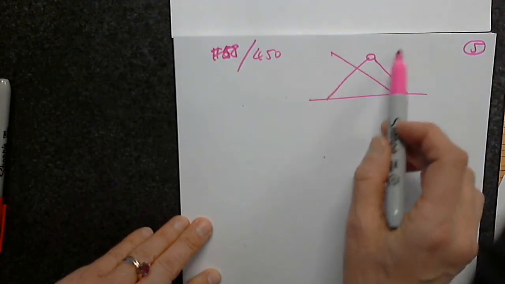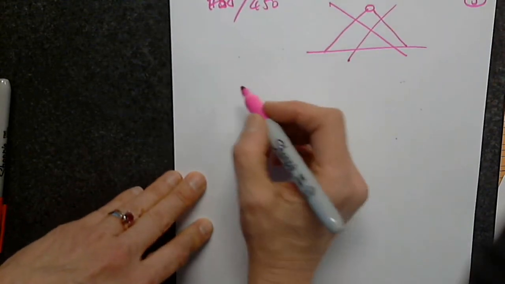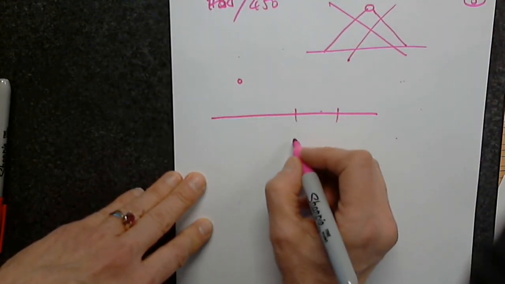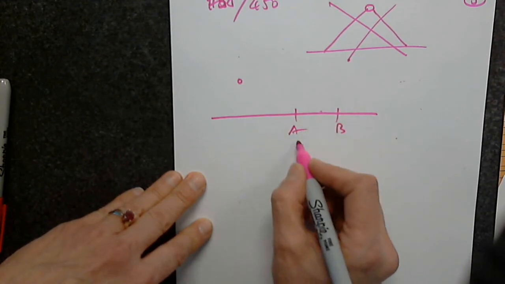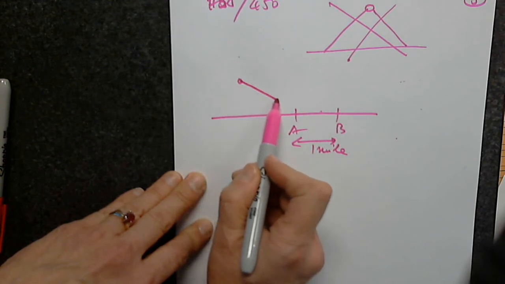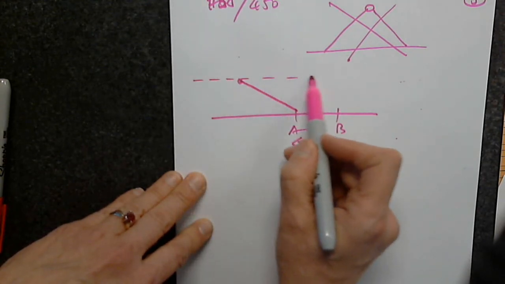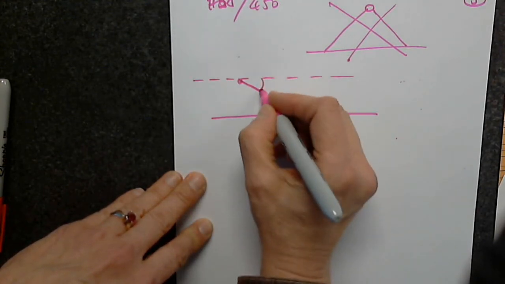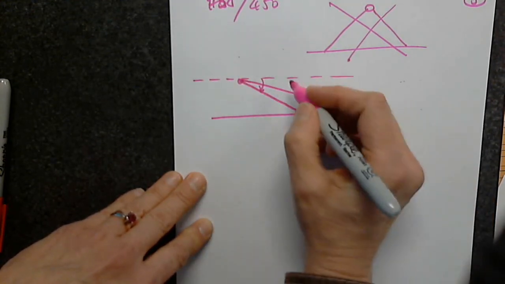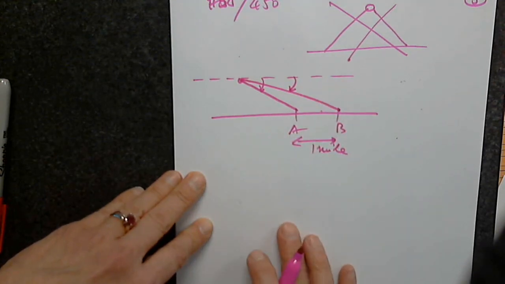That's not the situation, right? So the balloon is here. This is the road, and these are the mileposts. Let's say A and B, and this distance is 1 mile. And of course, I have to draw the horizontal. This is the first angle of depression, and this is the second angle of depression.